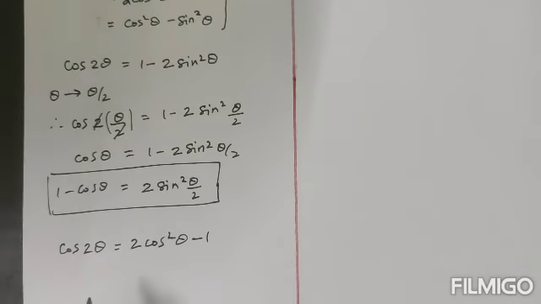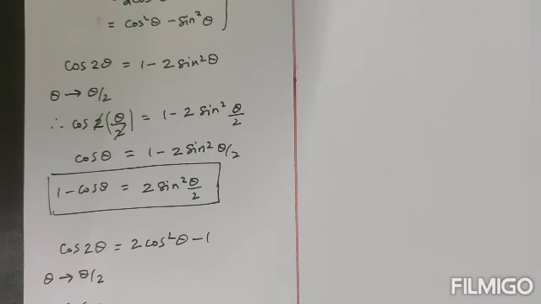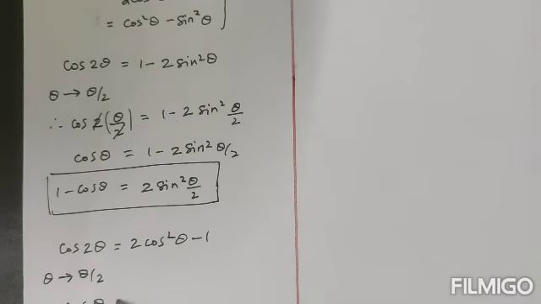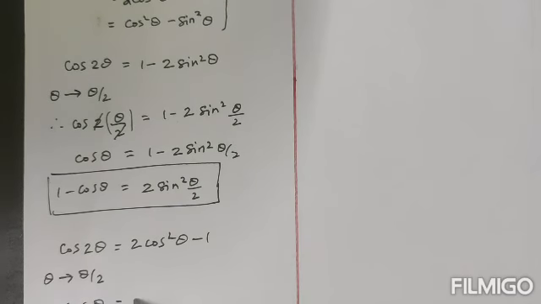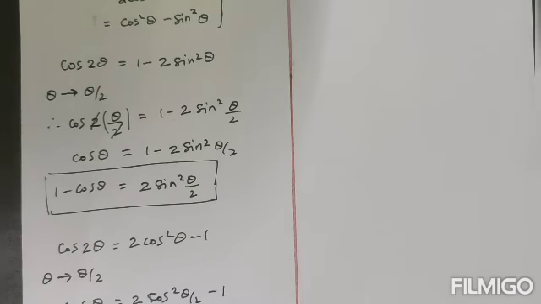Then again here also the angle theta is replaced by theta by 2. So cos theta equals 2 cos squared theta by 2 minus 1.